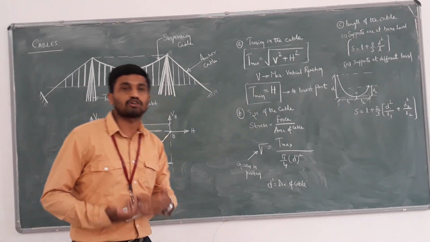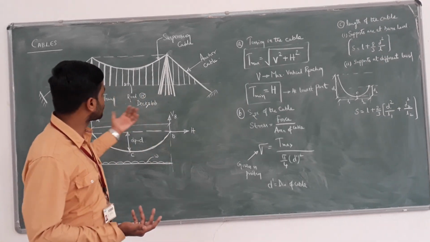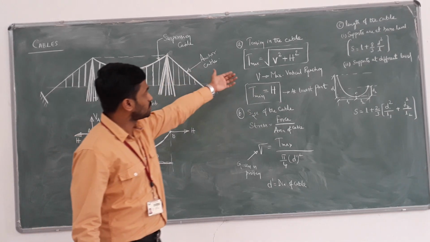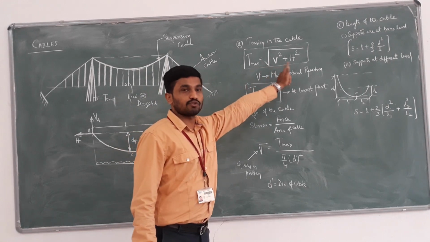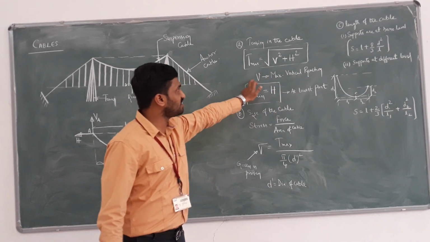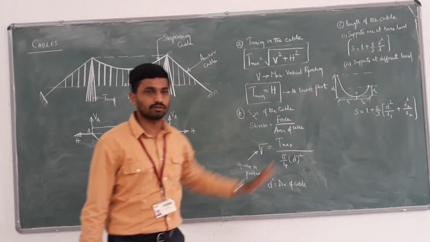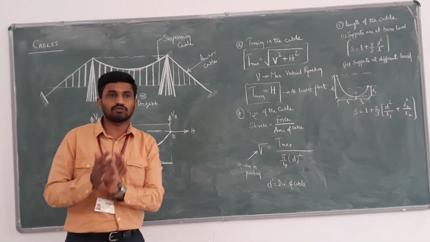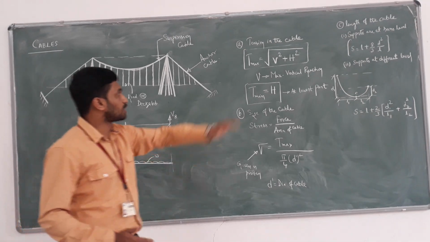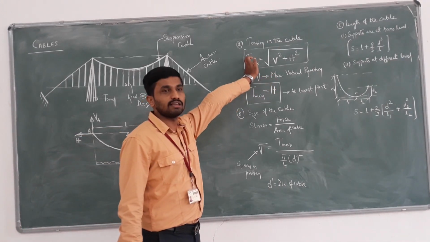Tensile force plays a crucial role in the analysis of cables. Hence the tension of the cable is given by T equals square root of V square plus H square, where V is the maximum vertical reaction. There are two reactions, VA and VB, and we consider the maximum V value in this equation.